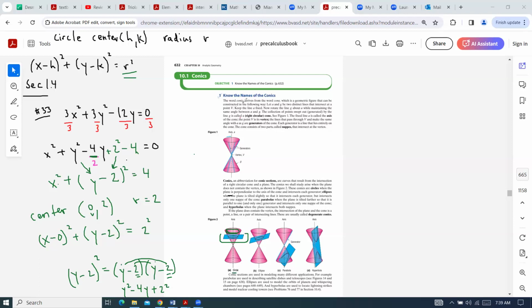Maybe I can try to make it a little bit bigger, try to magnify it. So a circle you produce when that plane is parallel to the base, and if you make a slant plane, it turns out the result will be a so-called ellipse.